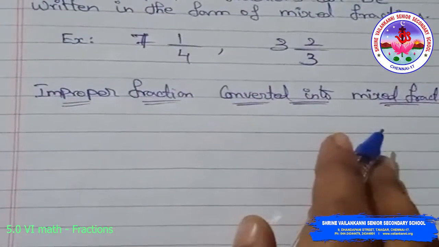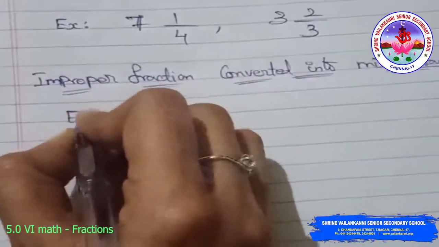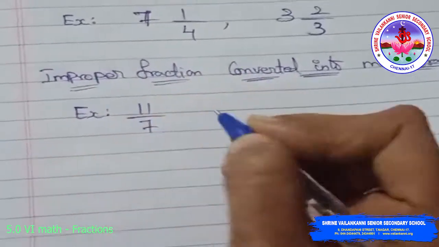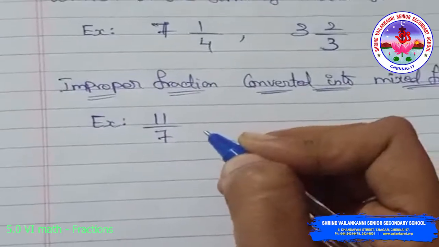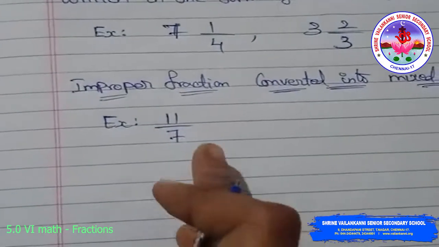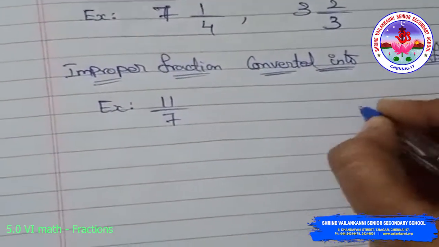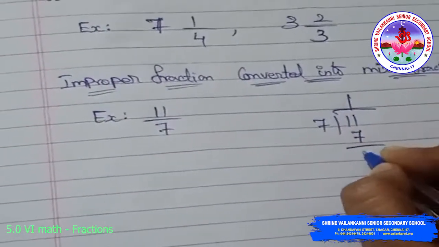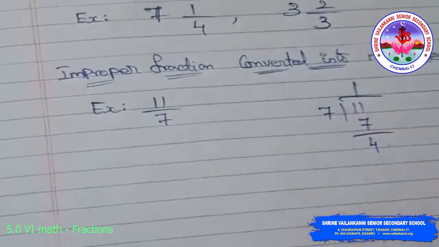Improper fractions converted into mixed fractions. For example, the improper fraction is 11 by 7. The procedure is to first divide the numerator by the denominator. 11 by 7: 1 times 7, the balance is 4.